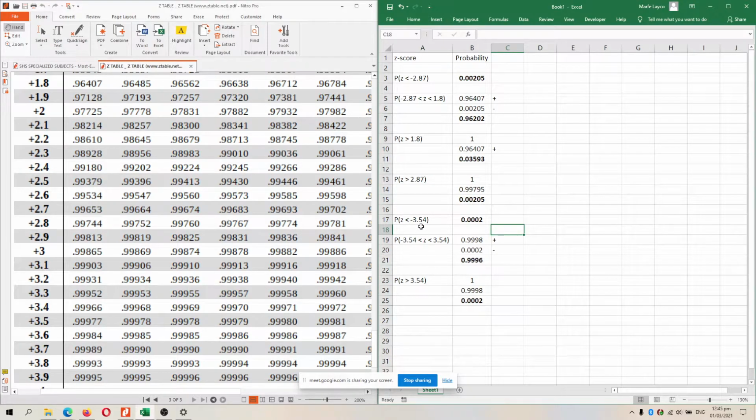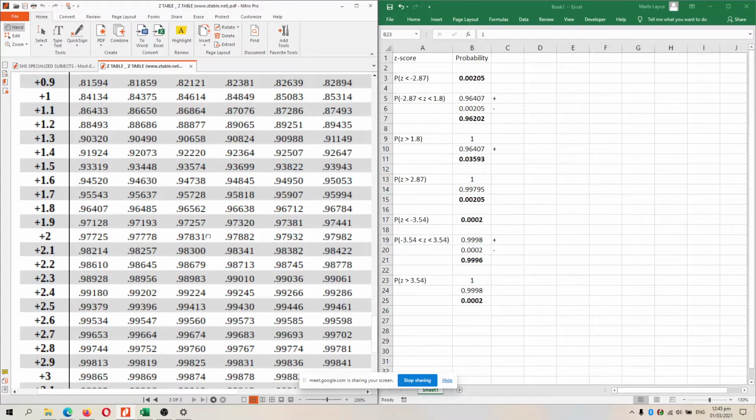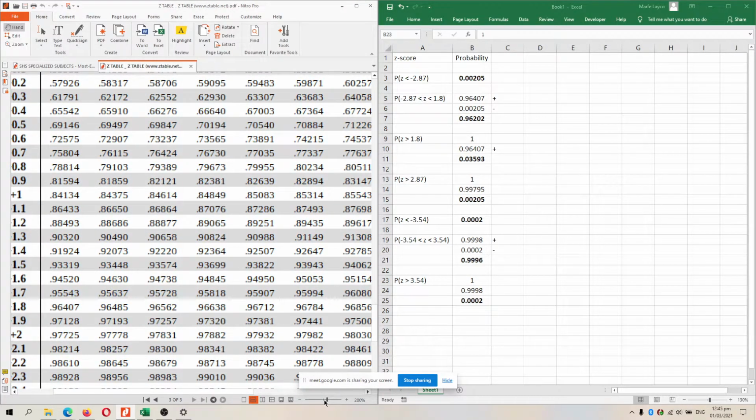So, anything that is less than negative 3.54 z-score, that is 0.0002. Paano kung more than 3.54? Ganitong formula: kukunin pa rin natin z-score, pero ima-minus natin sa 1. That is 0.0002. So, ganoon ginagamit yung ating z-table.